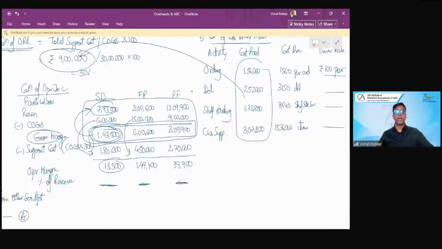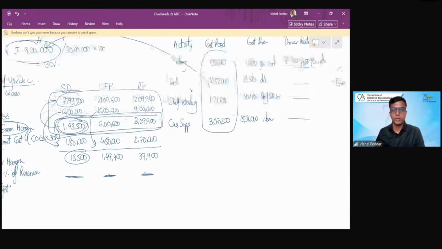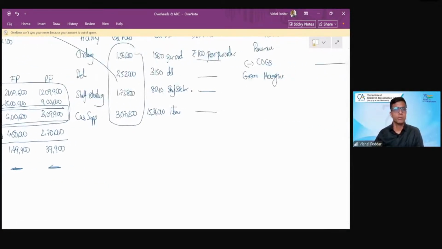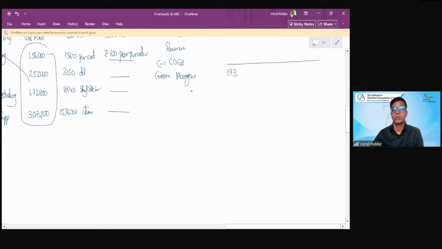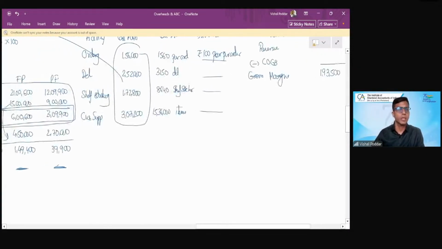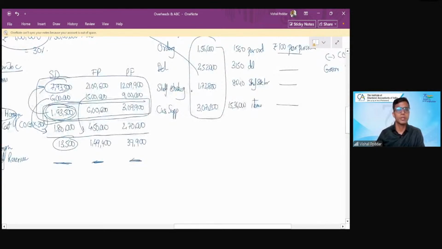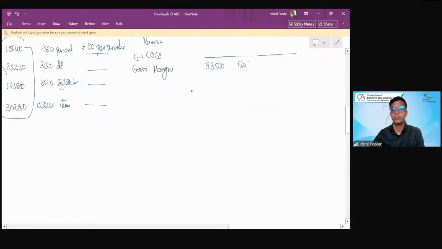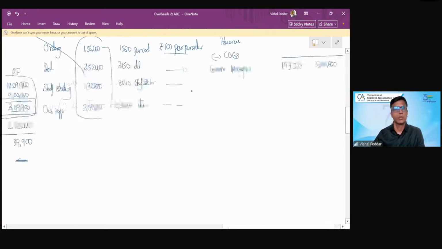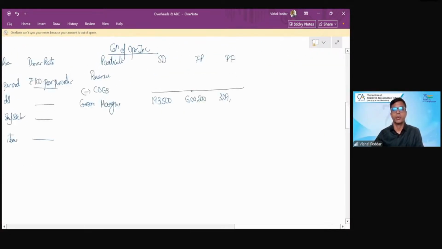The direct cost, direct sales part remains same. So same gross margin I should get, 193,500, then 600, 600 and 309,900. Okay. So gross margin is done.